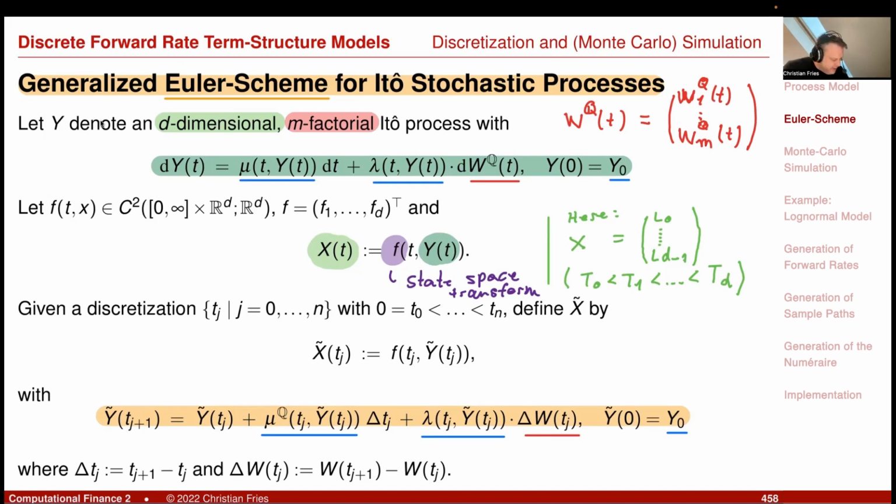So now I use here the tilde, because there is no guarantee that my time discretized stochastic process agrees with the true solution.